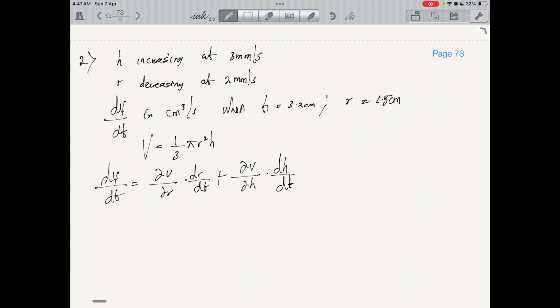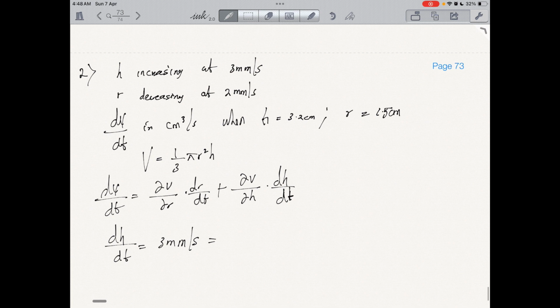Now since the height is increasing at 3 millimeters per second, therefore dh/dt is equal to 3 millimeters per second, and converting this to centimeters per second, we have 0.3 centimeters per second, and therefore dh/dt is equal to plus 0.3.